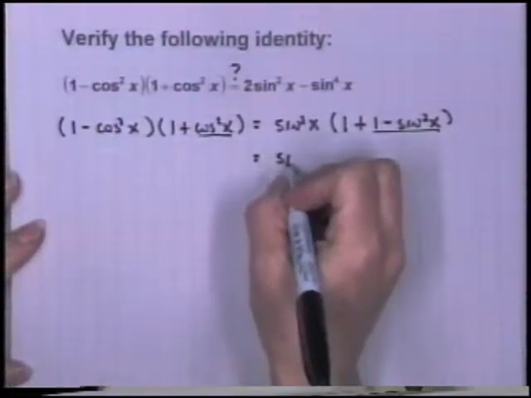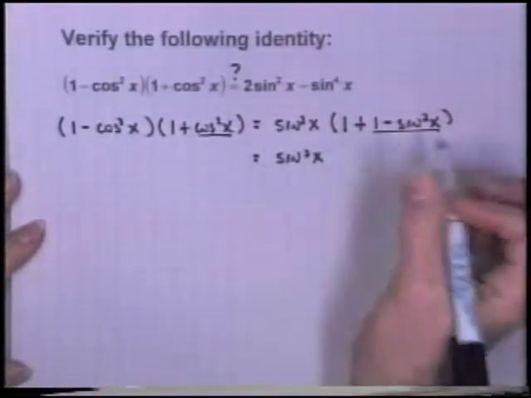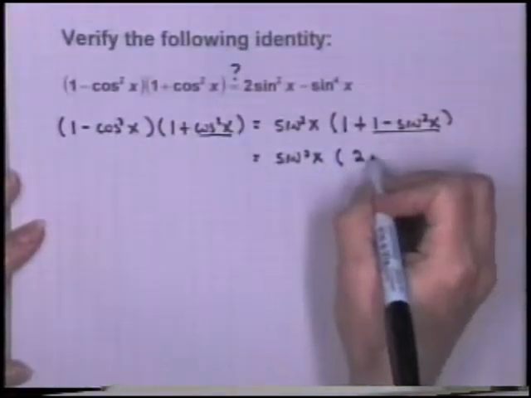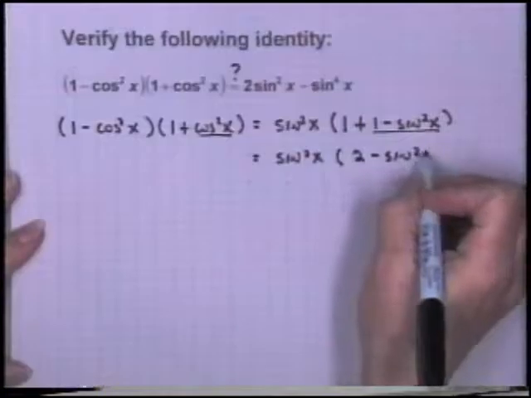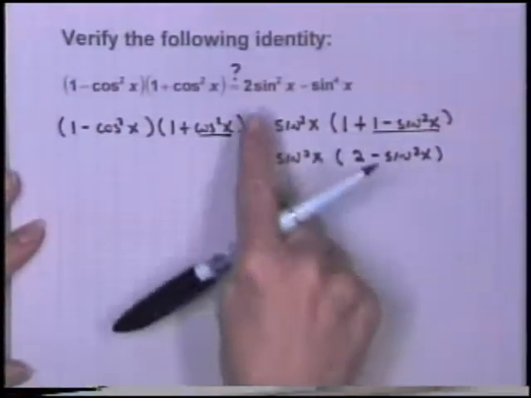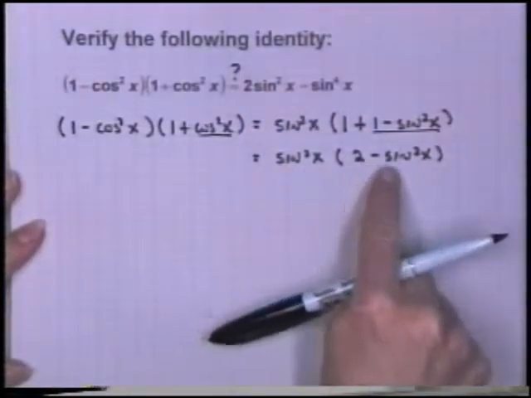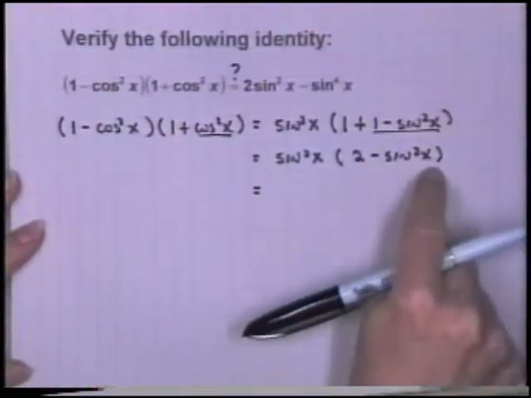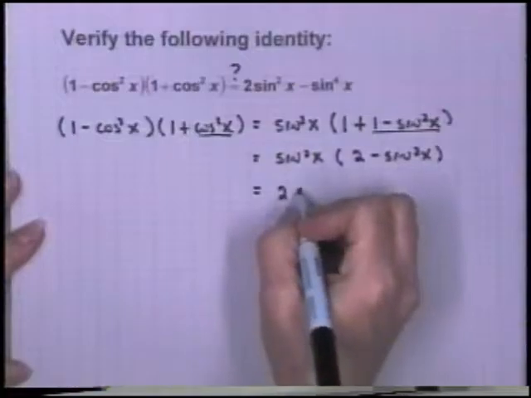Okay? Let's simplify inside that factor now. I have sine squared x still outside. 1 plus 1 gives me 2 minus sine squared x. Now look at what we're trying to get. We're almost there, aren't we? All we need to do is multiply by distributing this sine squared x across here.